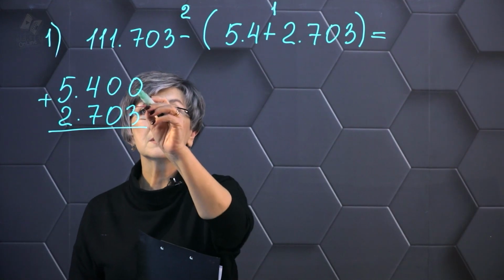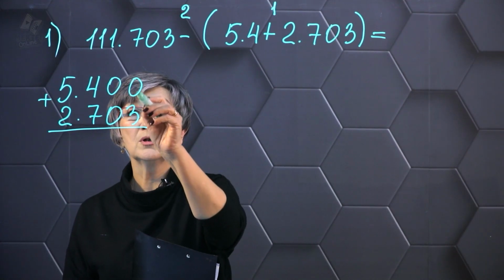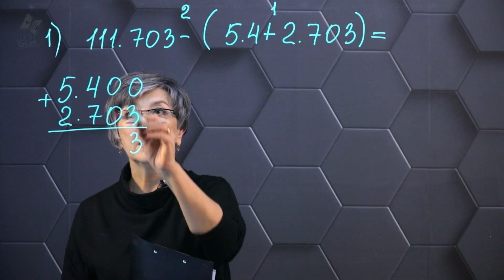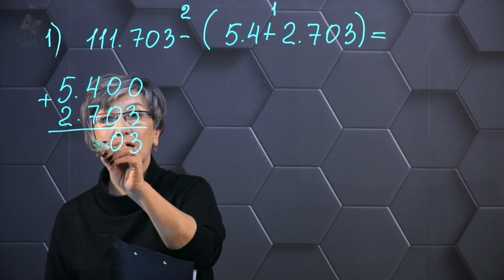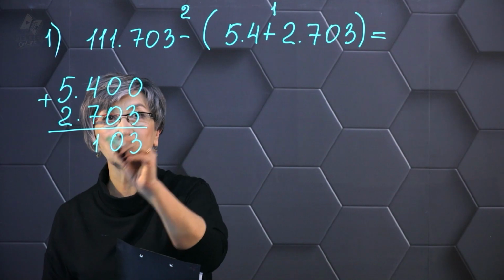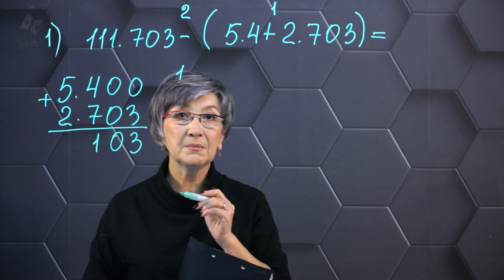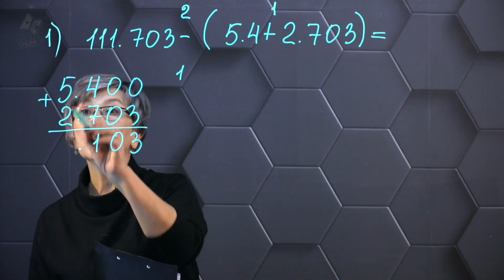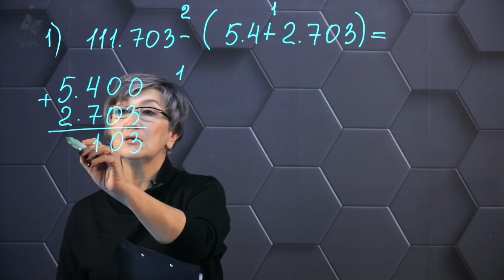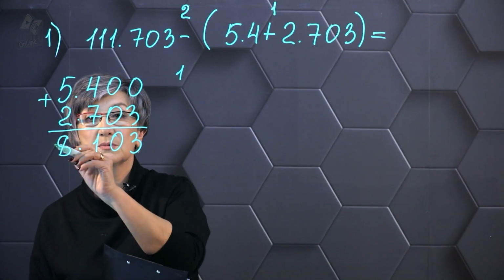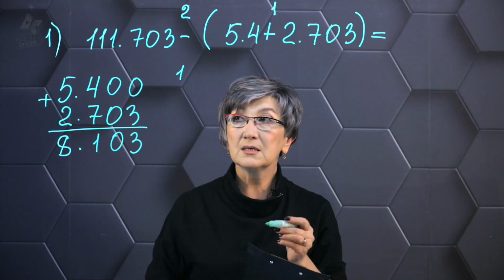And now, let's find the sum. 0 plus 3 is 3. 0 plus 0 is 0. 4 plus 7 is 11. Write 1, 1 is memorized. Point. 5 plus 2 is 7, but we have to add 1. The result is 8.103 thousandths.